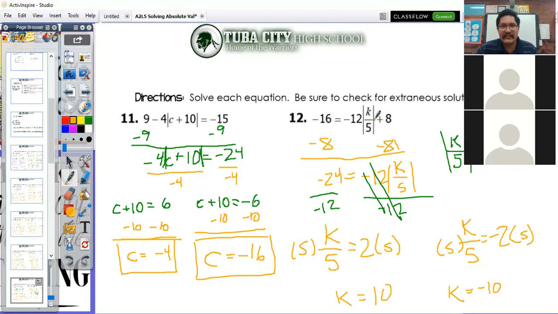Take the absolute value, you still get positive 2. So for this one, I'm going to check both of them at once. Again, this works when they're both the same number, but just opposites. So we know this is 2. 2 times negative 12 is negative 24. Negative 24 plus 8 is negative 16. So we know both of these are solutions.